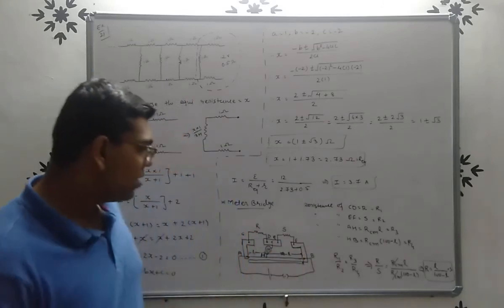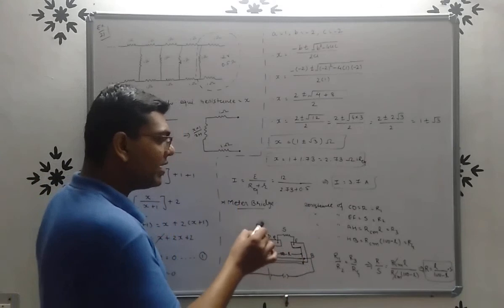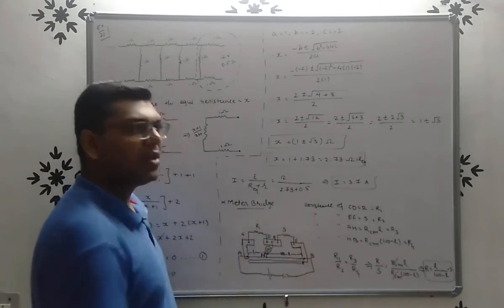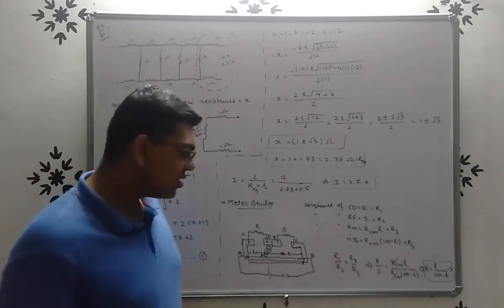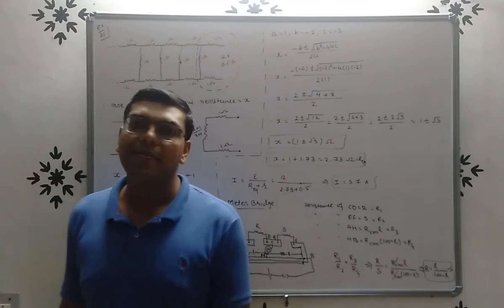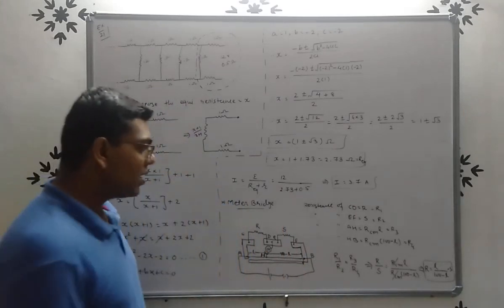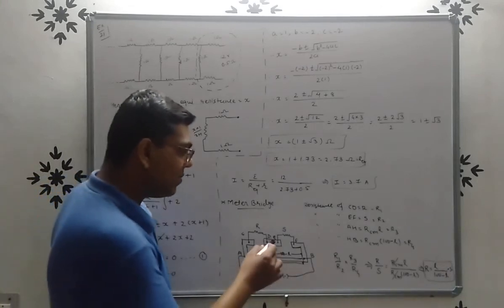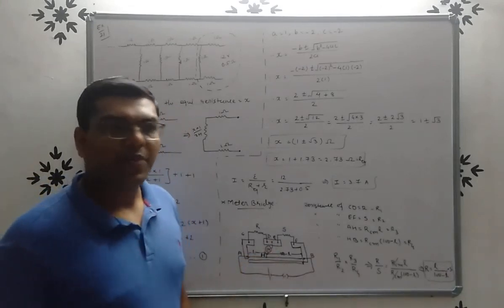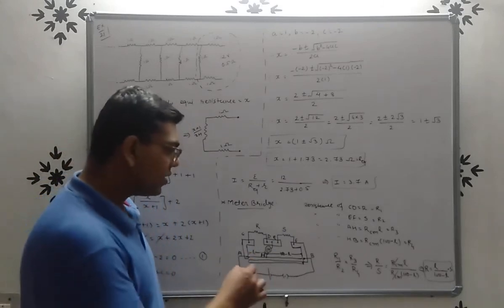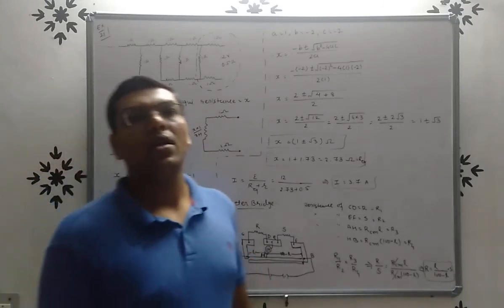Now between point C and D we connect the unknown resistor. Between E and F we connect the resistor box. Between point A and B we connect the battery and key. Now one end of the galvanometer is connected at the midpoint of the plate, and the other end of the galvanometer is connected to the jockey.